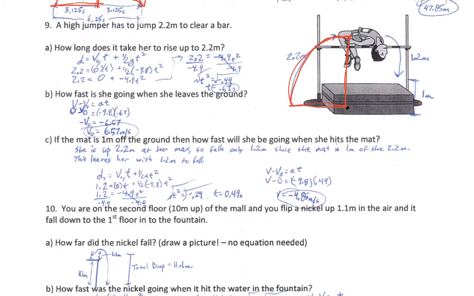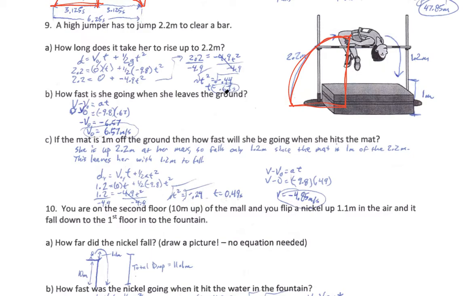Gravity is the thing that determines my time in the vertical direction. That's why I'm dealing with a formula that has distance in the y direction and gravity in it. Once I solve that, I'll come out with 0.67.